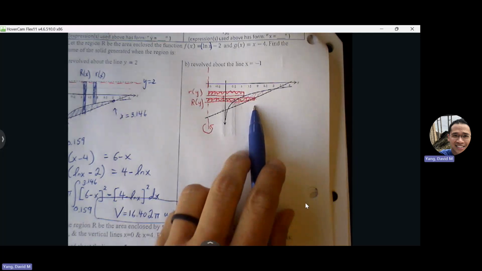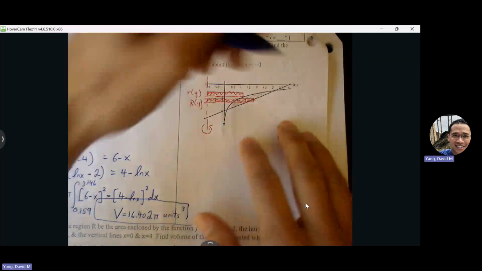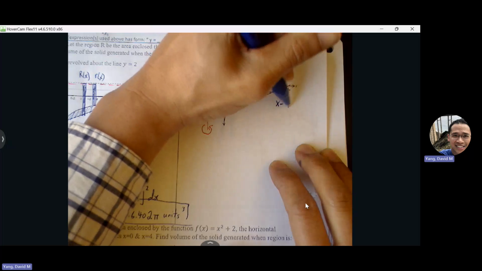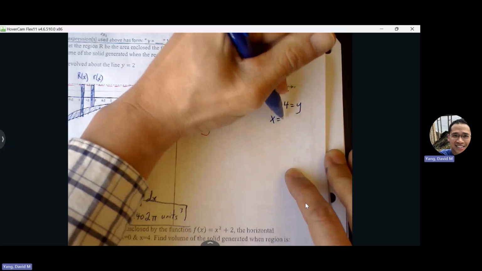Right, so we have to rewrite these equations. Initially, this was y equals x minus 4. And let's just get that x on the left side and solve for x.